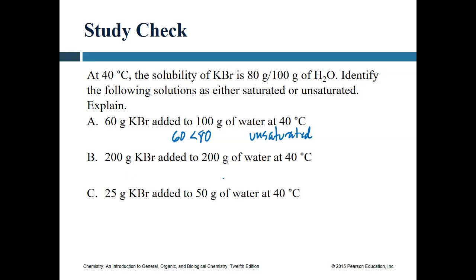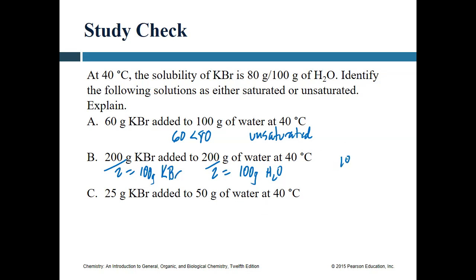Well, the way to get to this, to have something to compare, would be to turn the water into 100 grams and then do whatever the calculation that you did to the water to the KBr. So if I divide each of these by 2, I now have 100 grams of water and 100 grams of potassium bromide.